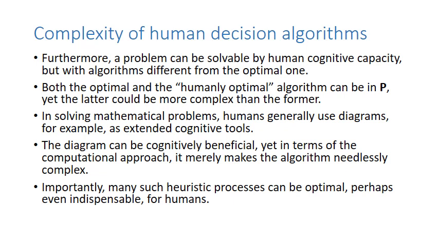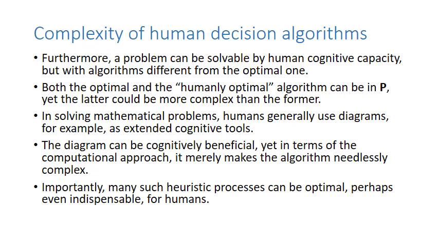Let me just mention one example here, because in solving mathematical problems, humans generally use diagrams as extended cognitive tools. The diagram obviously can be cognitively beneficial, yet in terms of the computational approach, it merely makes the algorithm needlessly complex. When you think about the use of diagrams, you use a parallel process of drawing a diagram, then making conclusions about the diagram, but if you are solving a mathematical problem in an exact manner, which is the kind of solution we are talking about here, you need to go back to the formal proof, which you need to carry out step by step.